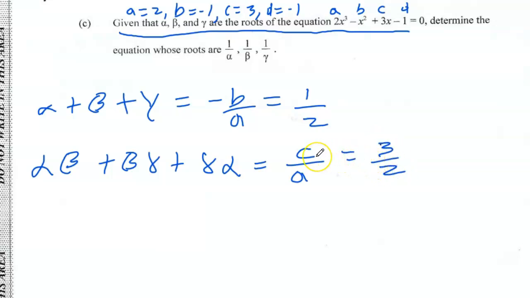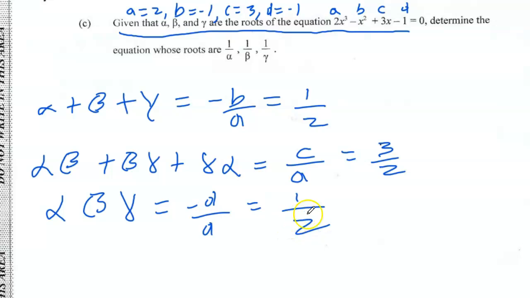And the product of the roots, alpha times beta times gamma, is minus d over a. Since d is minus 1, that is minus d over 1. Notice all the denominators are a. Alright, so we have those three equations.